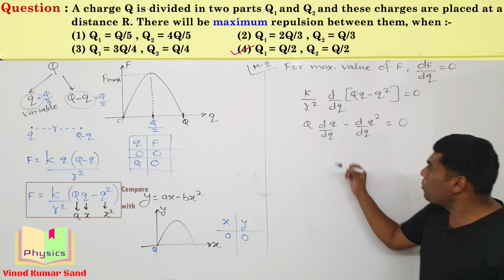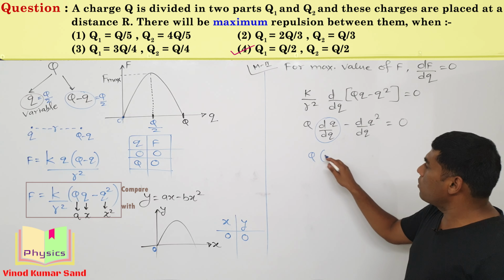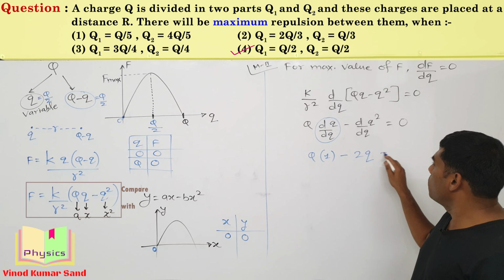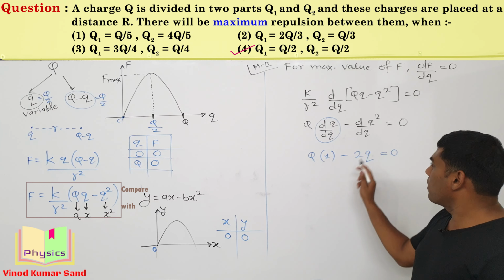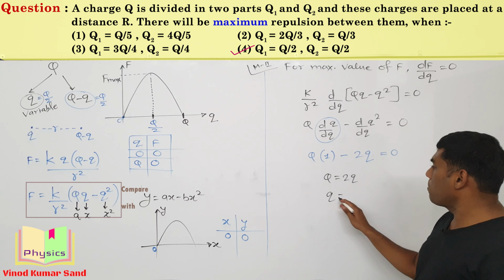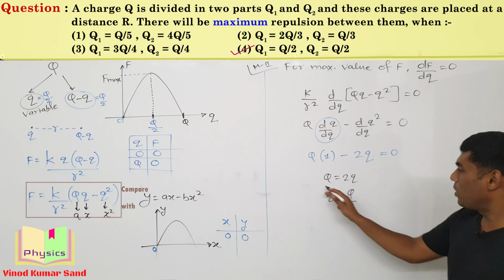Agree? I hope you remember the differentiation. This becomes 1, so we are left with Q into 1, and this differentiation is 2q. So the value of small q is simply capital Q by 2, shifting that to here.